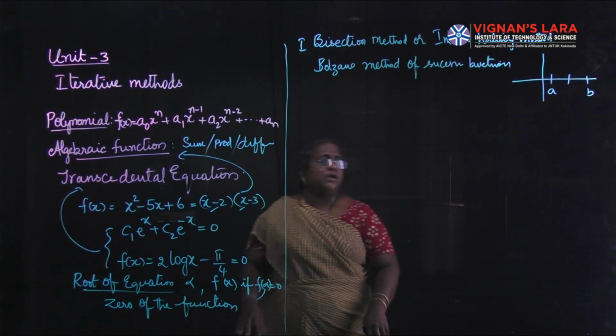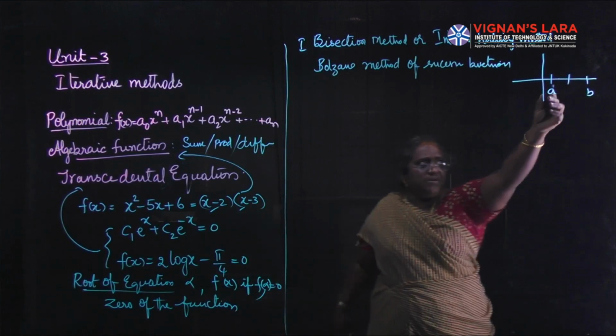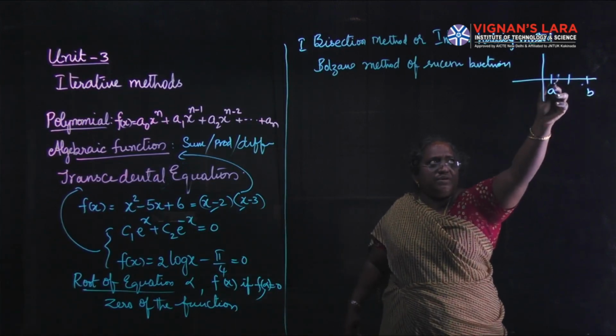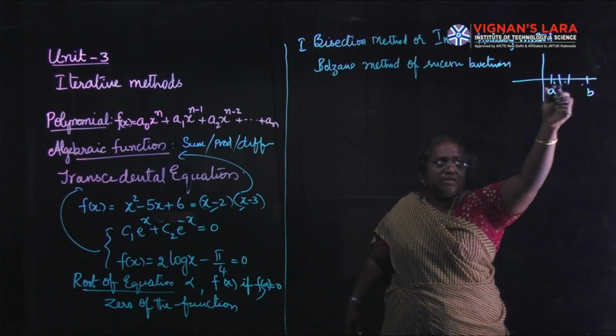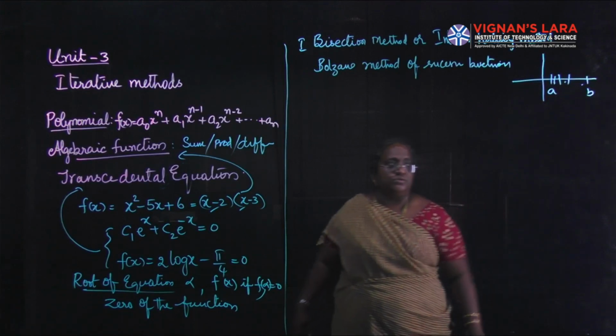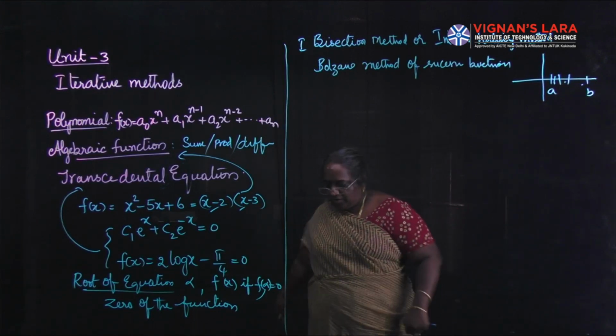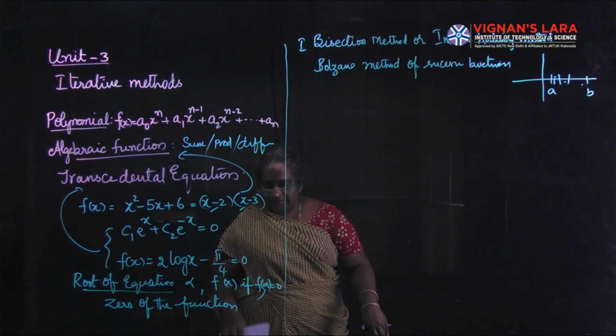All the time we divide the interval into two halves. So this one we have divided into two halves. Again, if the root is between these two, I will divide it again into two halves. Suppose the root is between these two, again I will divide it into two. Like that we will be narrowing the interval to half each time until the root is found.